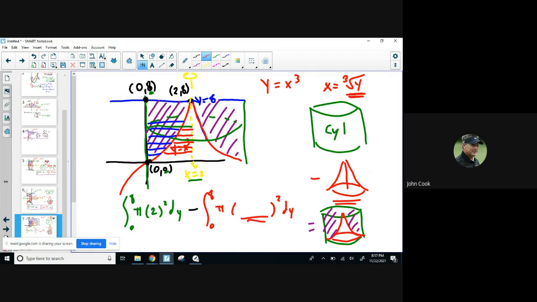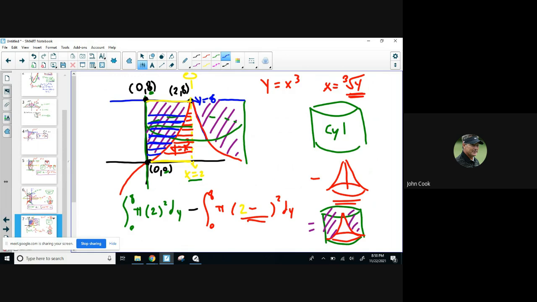Each and every one of these is 2 away from the center line, from the top to the bottom. So to find this red radius each and every time, I'm going to take the length 2 and subtract away the lengths that I get from the cube root of y.